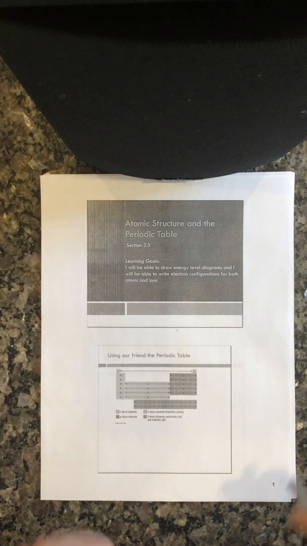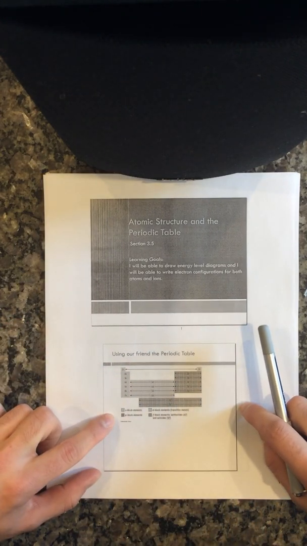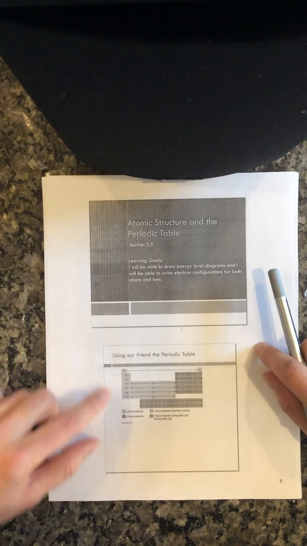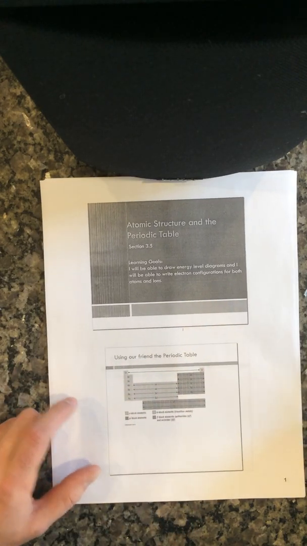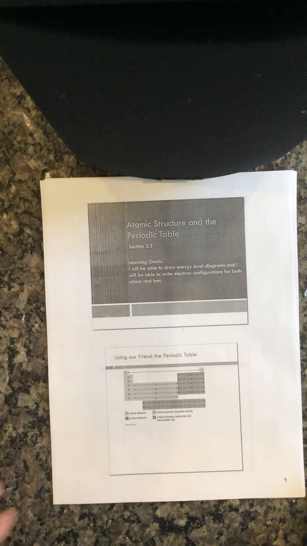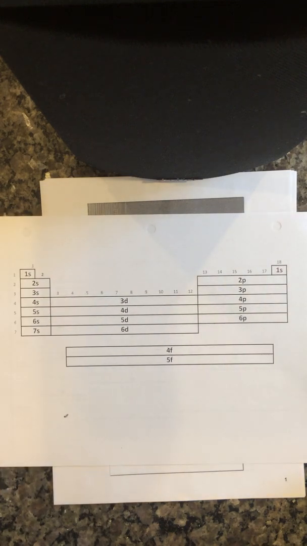If you take a look over here at the bottom, it may be a little bit hard to see, but you have these different categories of how we are labeling our periodic table. So I'm actually going to pull this up. You can find this online on our website, but we have this here. It's just the exact same picture, just blown up a little bit.